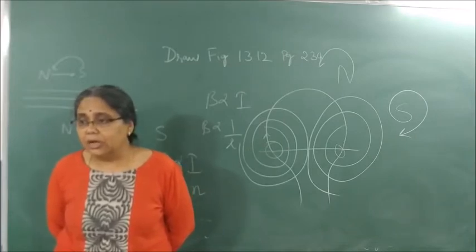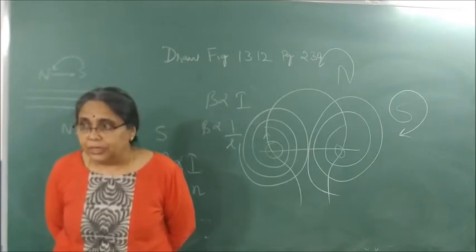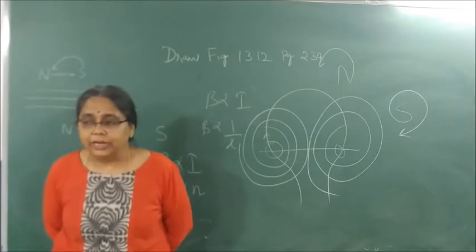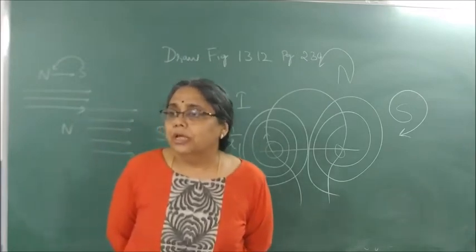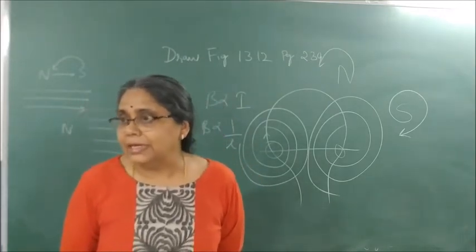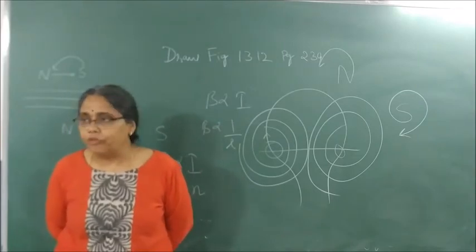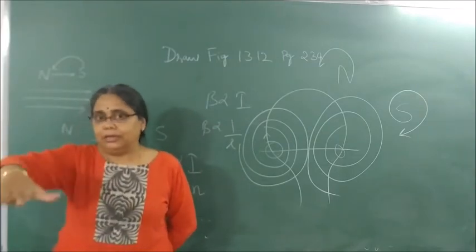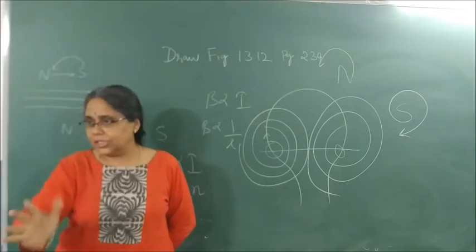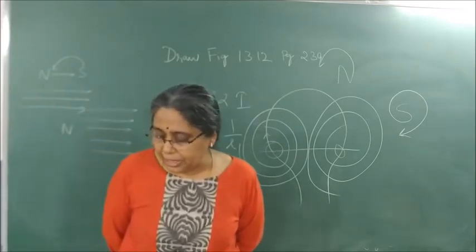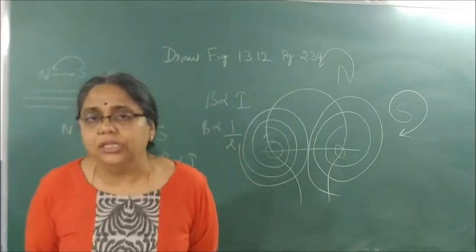Scrap iron or different kinds of iron pieces, if you have to lift, then it is required that it is magnetized and it does not fall. So as a result, they are converted into electromagnet, and the base of the crane will go and stick. Next point. They are used in many devices.